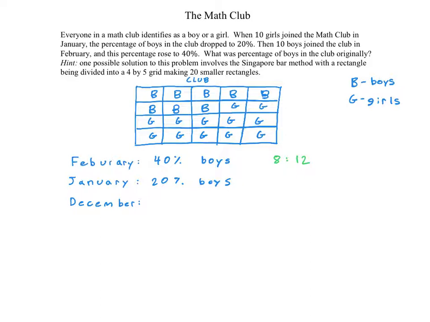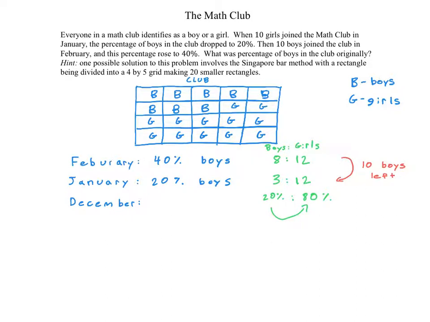And then some boys leave. So we would still have the 12 parts girls. But how many parts boys does that correspond to? We have 20% boys in ratio to 80% girls. So going from the 20 to the 80 is multiplying by 4. So we have 3 parts boys when 10 boys leave.